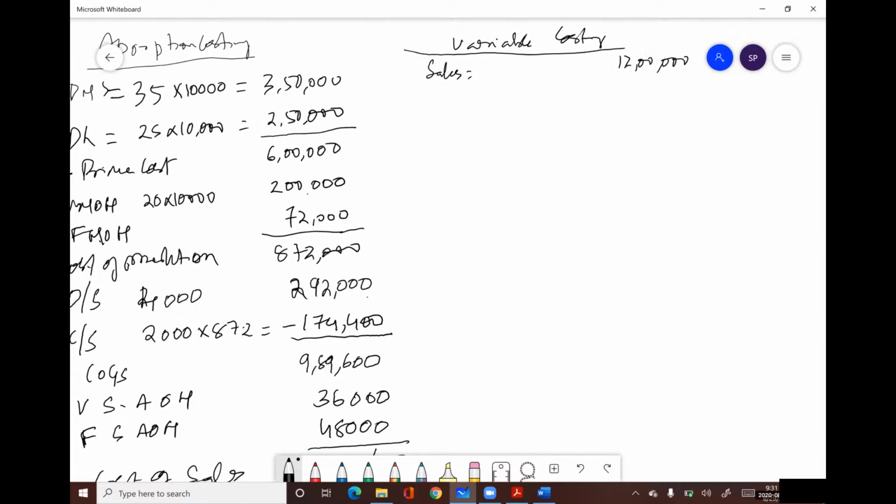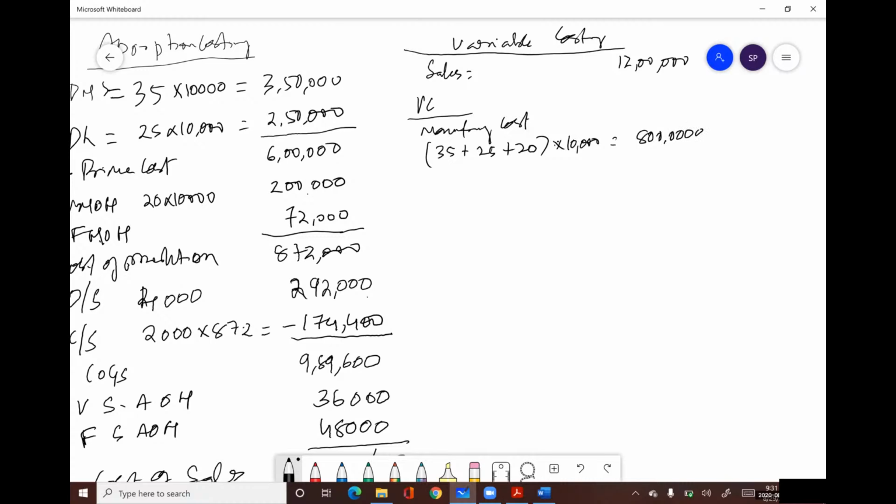Then variable cost. Variable manufacturing cost of goods produced: 35 plus 25 plus 20, into 10,000 units, 8 lakhs.